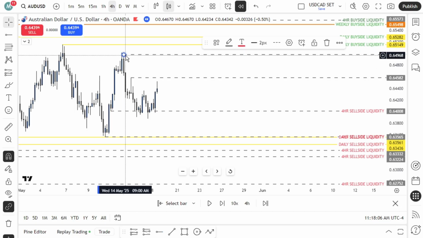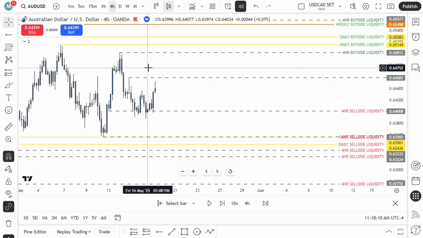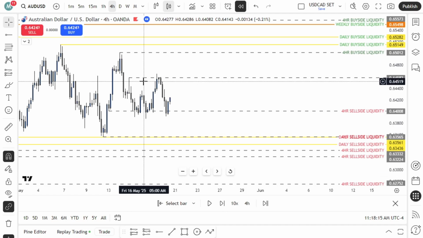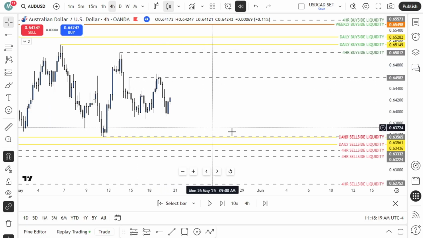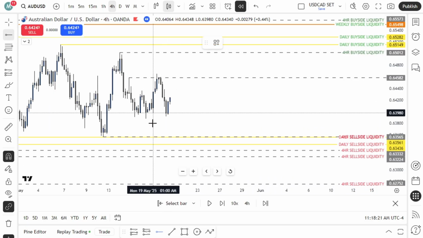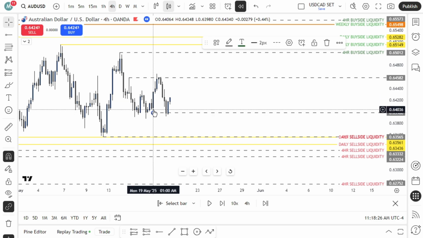We also have a next for our buy side liquidity. And you see price swept liquidity and went back down. And then it came and swept liquidity from this swing low.